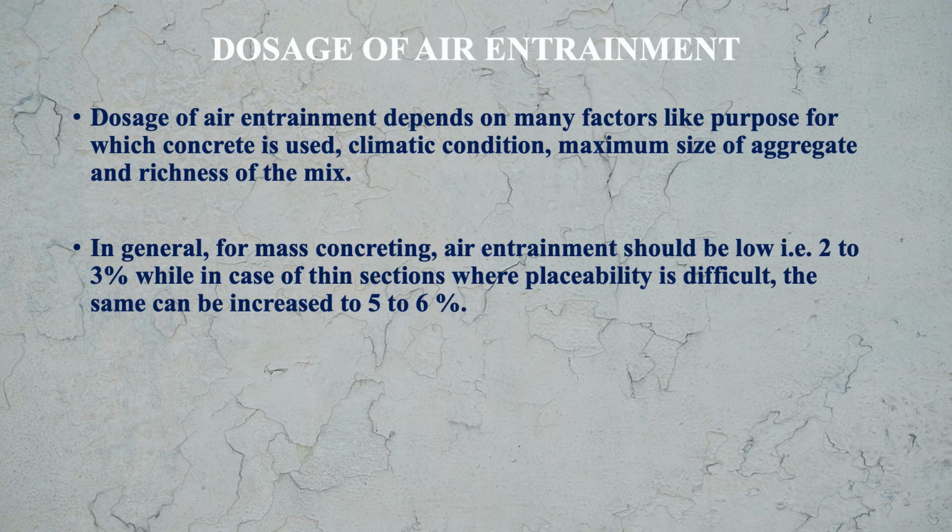In general, for mass concreting, air entrainment should be low, that is 2 to 3%, while in case of thin sections where placeability is difficult, the same can be increased to 5 to 6%. So the conditions where the concrete is to be used govern the amount of air entrainment.